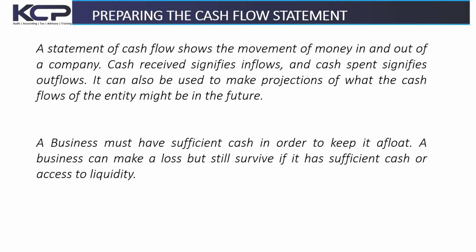And there is a caveat in the standard: if for any reason you have deviated from the provision of the standard, you need to explicitly state why you have deviated and communicate that this particular deviation will result in a more fairly presented financial statement, right?